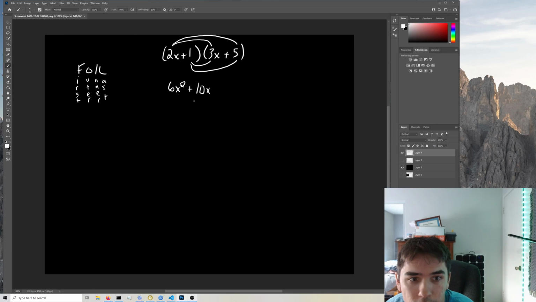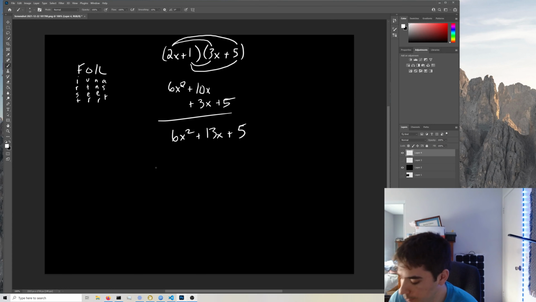And then inner is 1 times 3x, which is plus 3x. And then last is going to be 1 times 5, so plus 5. And then if you sum these up, you get 6x squared plus 13x plus 5.